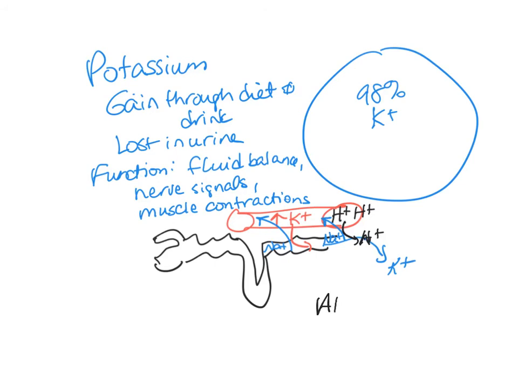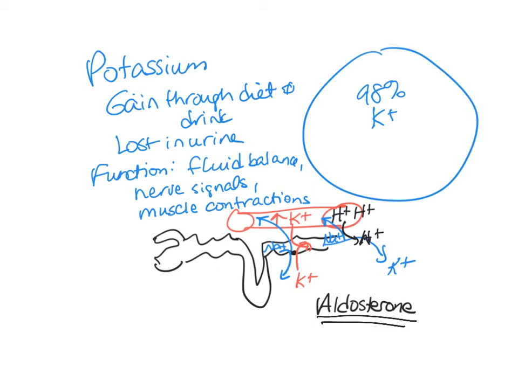If aldosterone is present, aldosterone causes an increase in sodium reabsorption, so sodium becomes reabsorbed more readily, and that means that potassium then will be excreted more readily. If there is an excess of aldosterone being secreted, that will cause a situation where too much potassium is being lost in the urine.